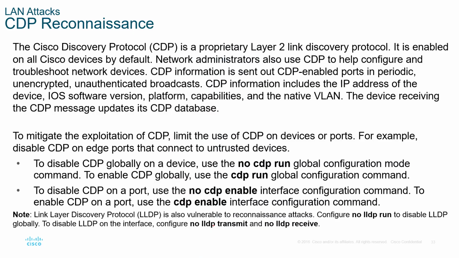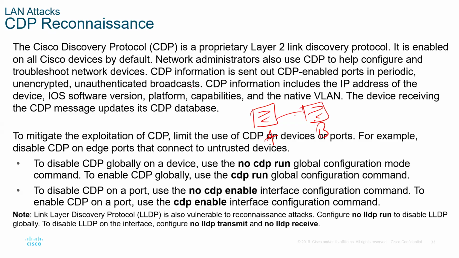Then lastly, we have CDP reconnaissance, where we have CDP, a protocol which is used to discover neighbors. Is this the neighbor protocol? Yes, I think this is the one. So CDP is a protocol used to discover neighboring devices, basically. So with CDP, if I have a network of these two switches, using the CDP protocol, I can see from switch A which parameters switch B is using.